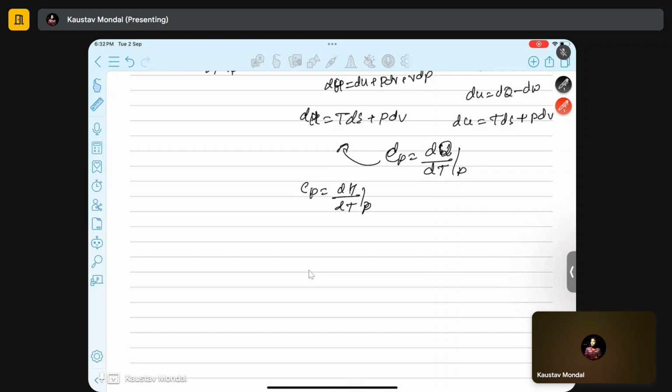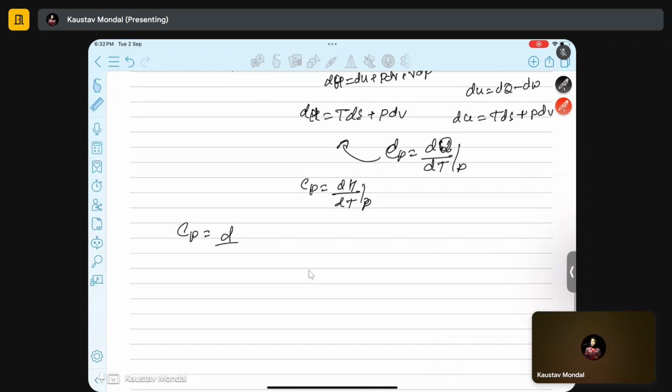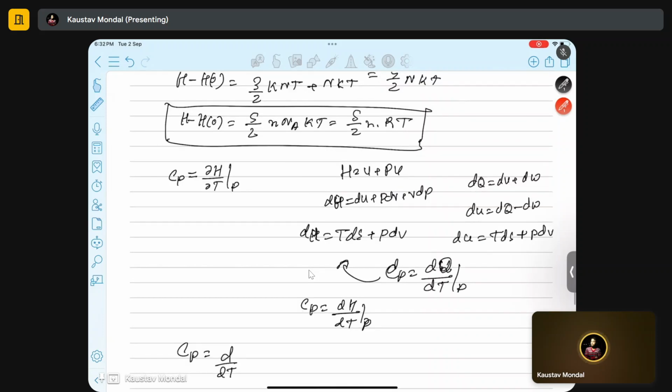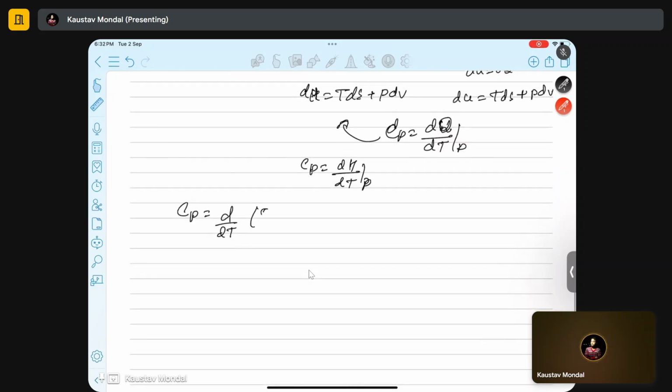So if you know the enthalpy, you can easily calculate the Cp. Here the enthalpy we got 5 by 2 nRT, so Cp will become 5 by 2 nR. This is the expression of the Cp.